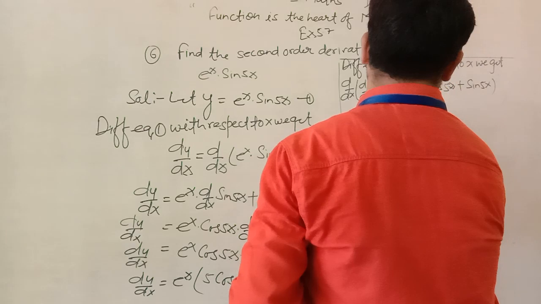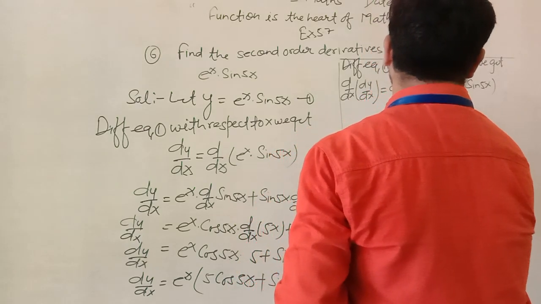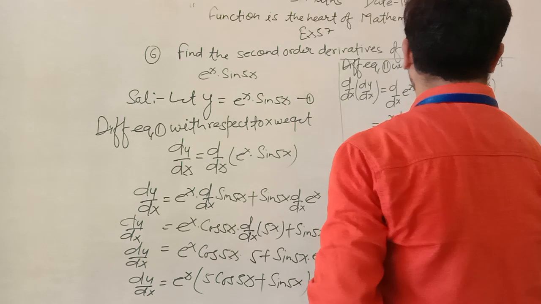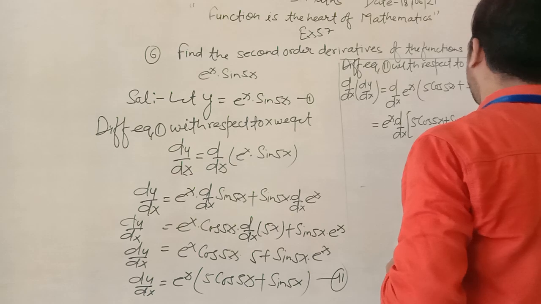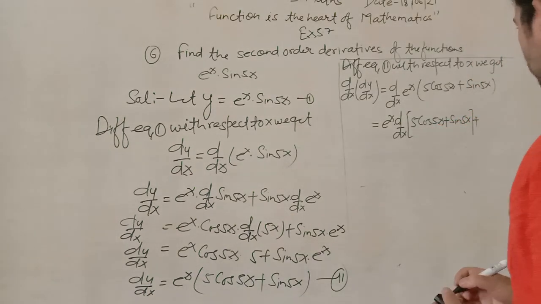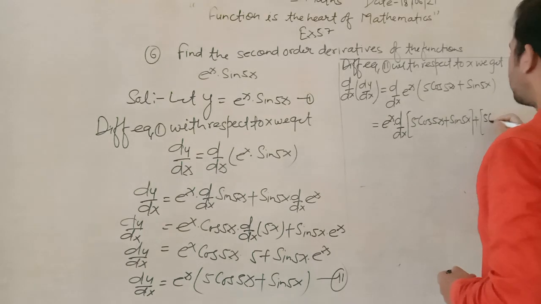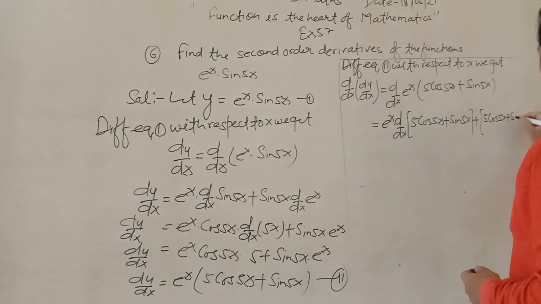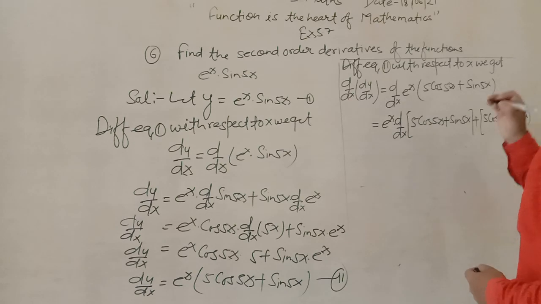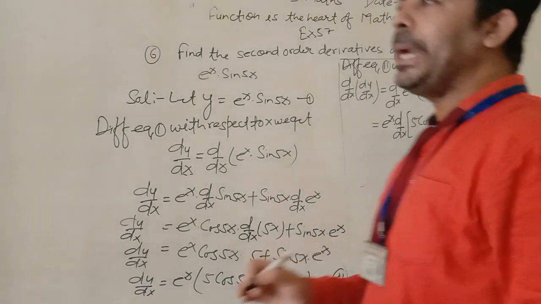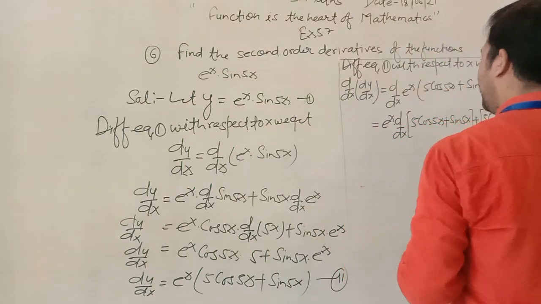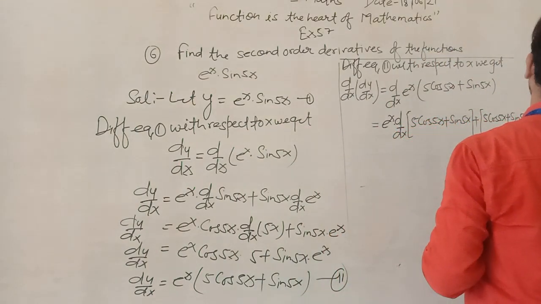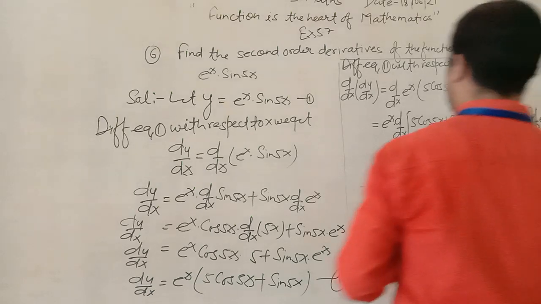So here it is e to the power x into d by dx of 5 cos 5x plus sin 5x, plus 5 cos 5x plus sin 5x into d by dx of e to the power x.